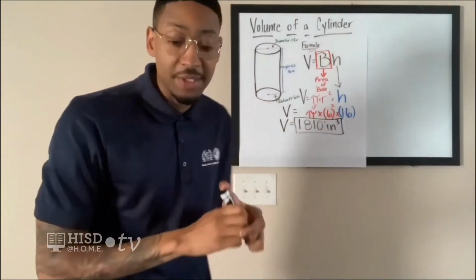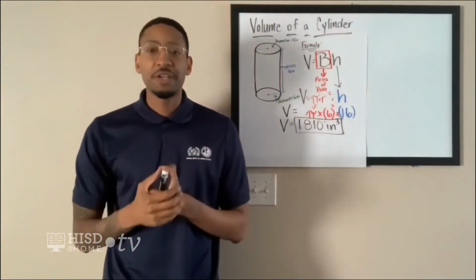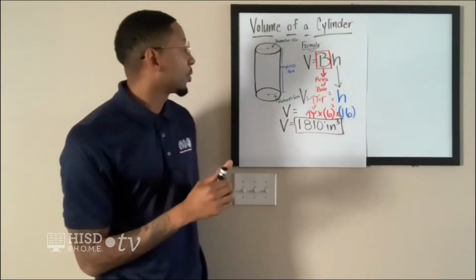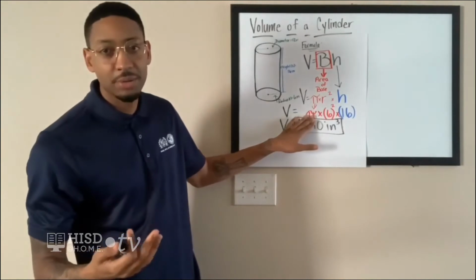Now, sometimes our answers are in a form where we still have pi on the end, where you don't multiply pi in, you just leave it like it's a variable, and that's fine.